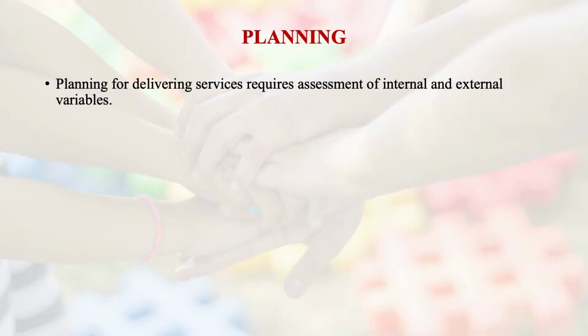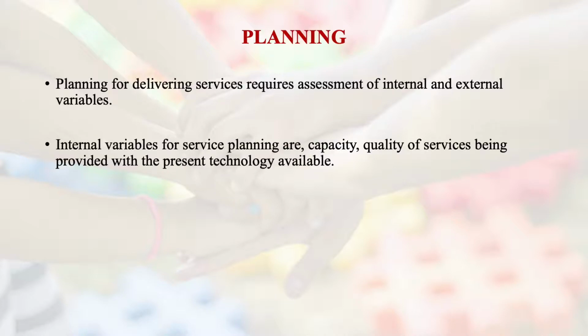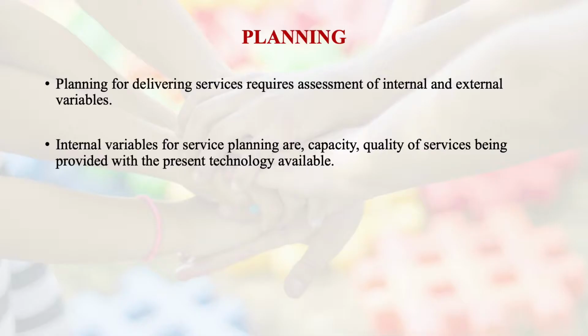So planning for delivering the services, this requires assessment of internal and external variables. Now, internal variables are used for planning the services, what kind of services are to be provided, how they are to be provided, when they are to be provided, to whom they are to be provided, what would be the time limit for providing those services, etc. The capacity of the organization, the quality of the services being provided with the present technology available.